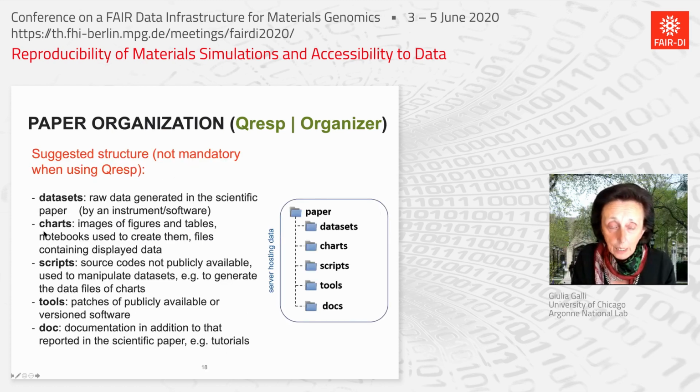And the way we organize a paper, and also the way they are presented in the Explorer, is to have in folders: datasets; charts, that are figures and tables; scripts that each researcher has generated by himself or herself during the research; tools, that are either proprietary code available out there, open source code, the facilities; and docs, that are additional documentation that you may want to make available with the paper.